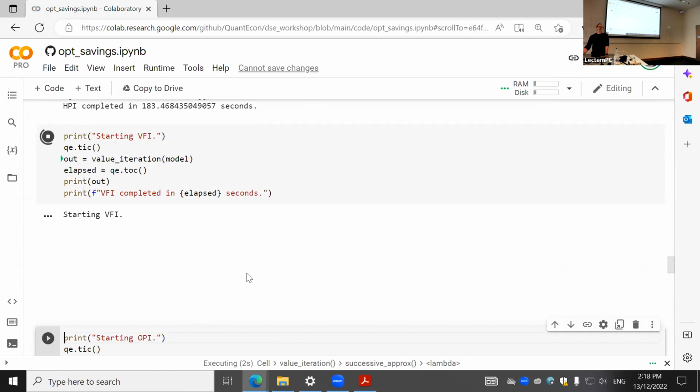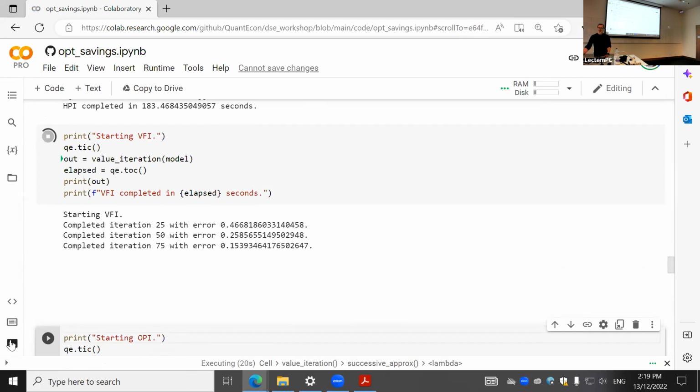So we've started value function iteration. Now this is an optimal saving problem, and in this problem the grid size, the number of elements of the state, is like 100 by 150, so 15,000 grid elements. And we can see that value function iteration is ticking away.